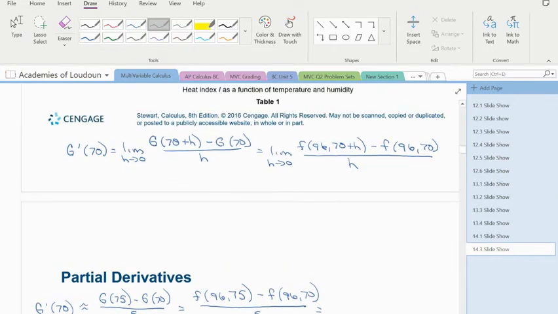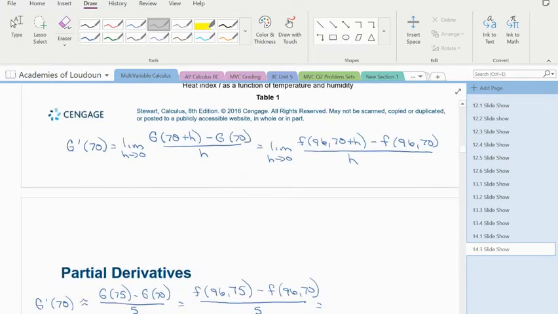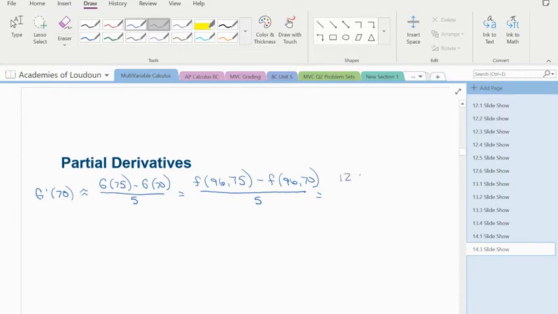And again, let's scroll up and look at these values. So we have f of 96, 75 is 130, and f of 96, 70 is 125. So that's going to be 130 minus 125 over 5, which gives me 1.